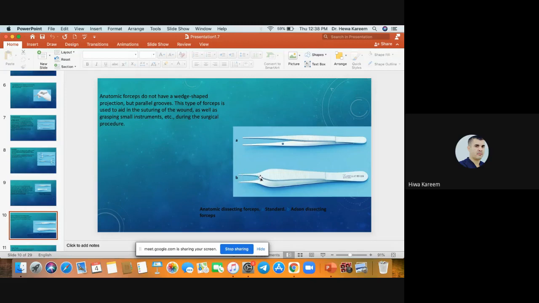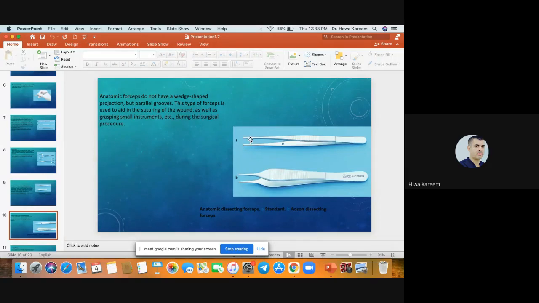This type of forceps is used to aid the suture of the wound, as well as grasping small instruments during the surgical procedure. The difference from the previous forceps is that it doesn't have a peak at the end to grasp the soft tissue.